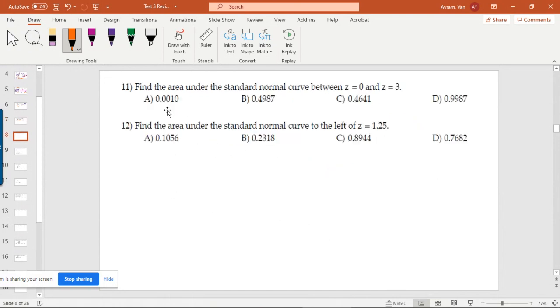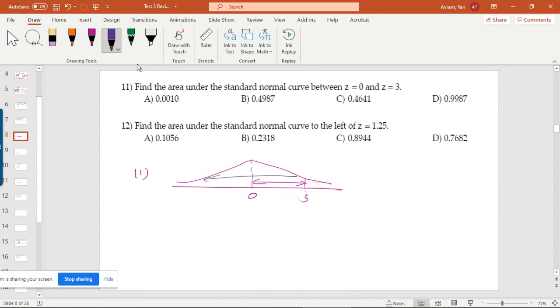Number 10, 11, these are all reading the table. Number 11, we want to find the area under the bell curve between 0 and 3. So 0 and 3, that is in between. What we can do here is use the big area minus this smaller area.